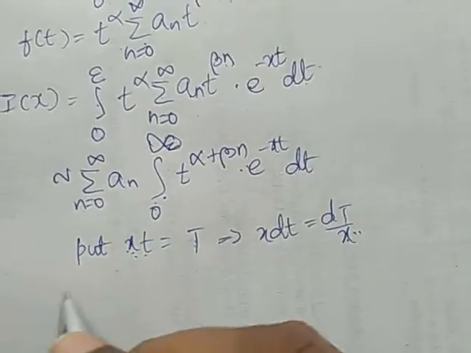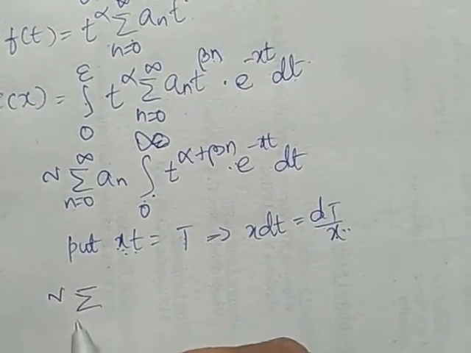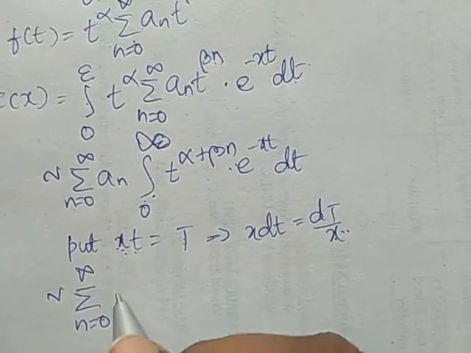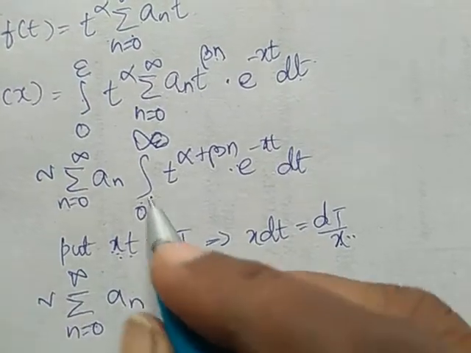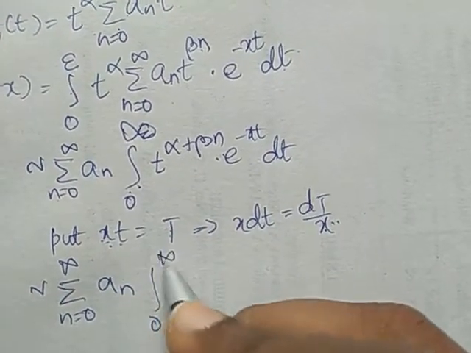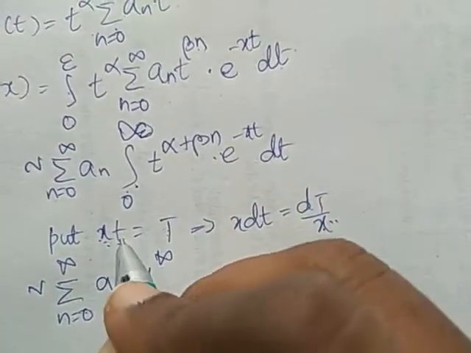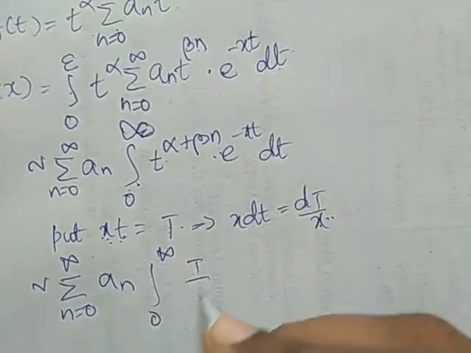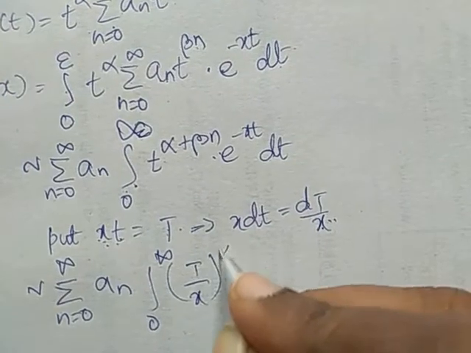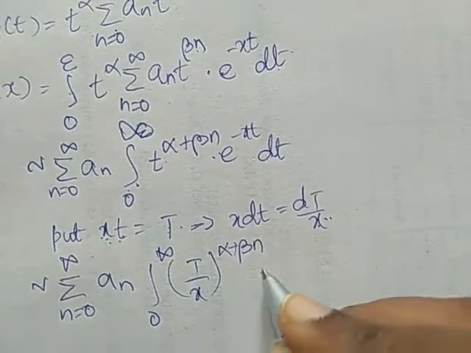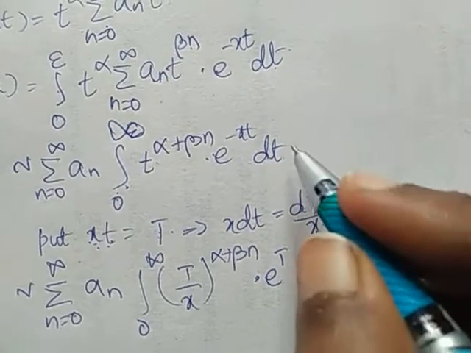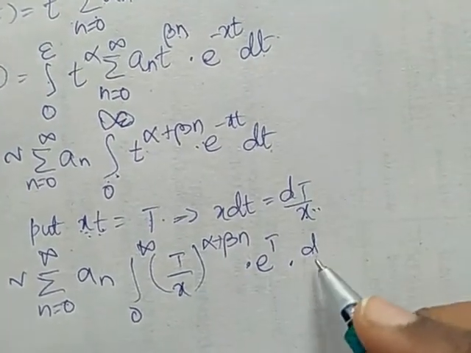When substituting this in the integral, we have epsilon summation n tends to 0 to infinity a_n integral of 0 to infinity. What is small t? Capital T by x. Substitute here. (T by x) power alpha plus beta n into e power minus T into dT by x.